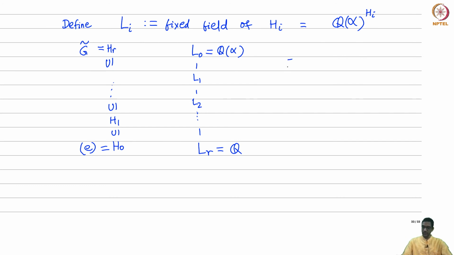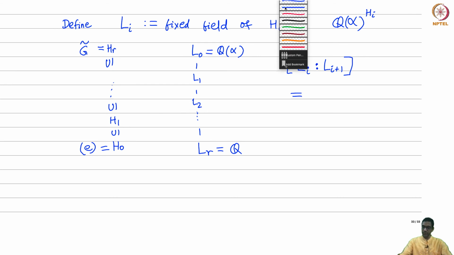is that if you look at the degrees of these extensions, L i plus 1 over L i, observe this again by the fundamental theorem of Galois theory: Li corresponds to the subgroup Hi. So I'll have an Li somewhere, and L i plus 1 comes after it.